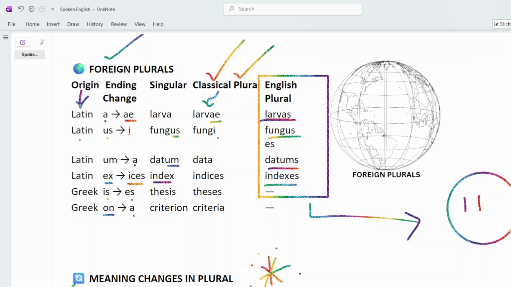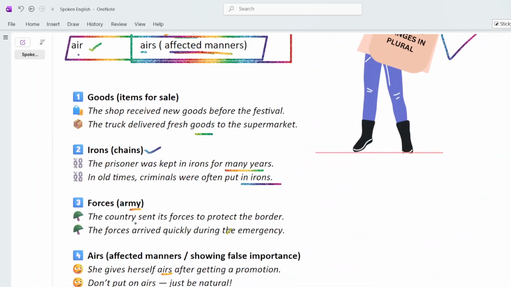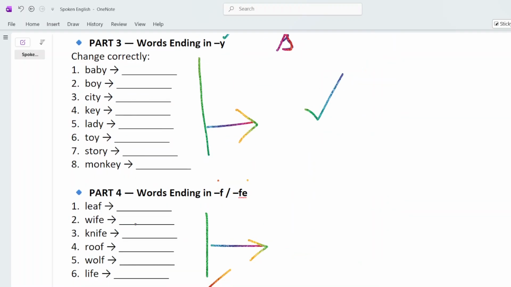Where it is A, it takes an AE, US takes an I, changes to A in order to get to that classic plural format. Changes to ICES. IS changes to ES, and ON changes to A. All right, great. Now let's see what else we have to do.